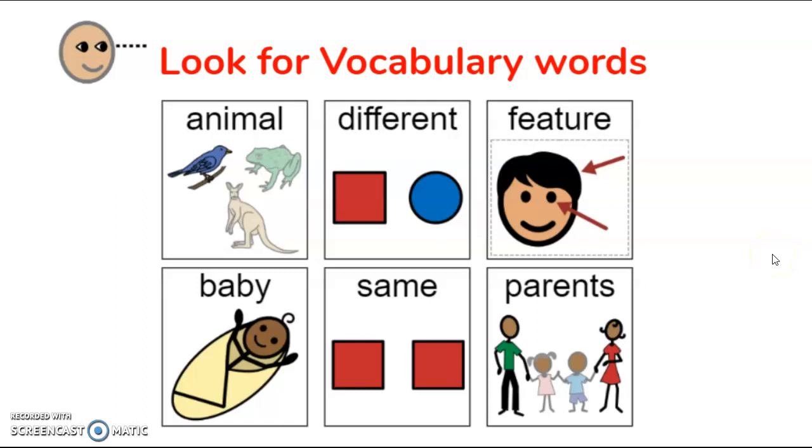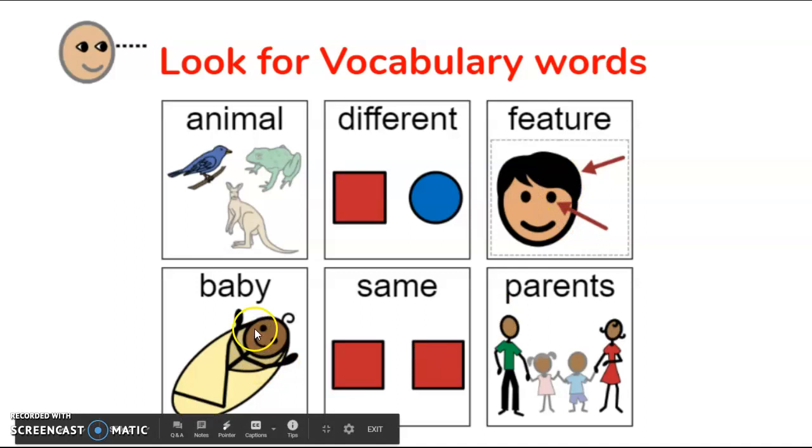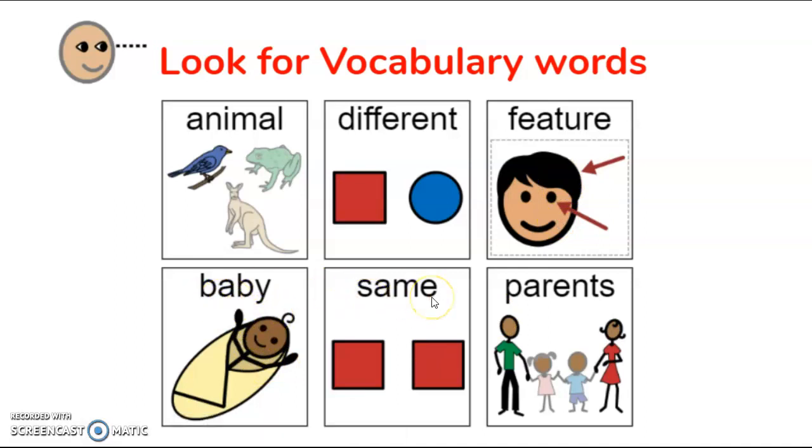So first off, I want you all to look for those vocabulary words. And let's read them together. Animal, different, feature. Features are our eyes, our hair, our mouth. Baby, same, and parents.